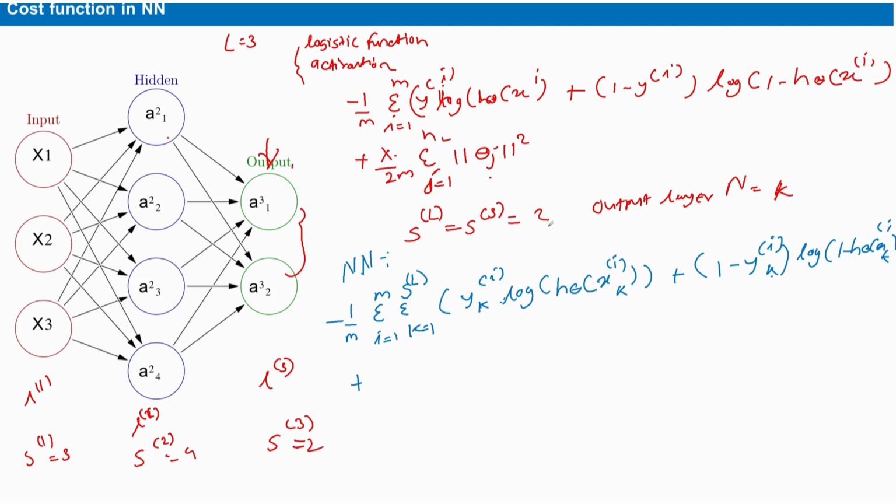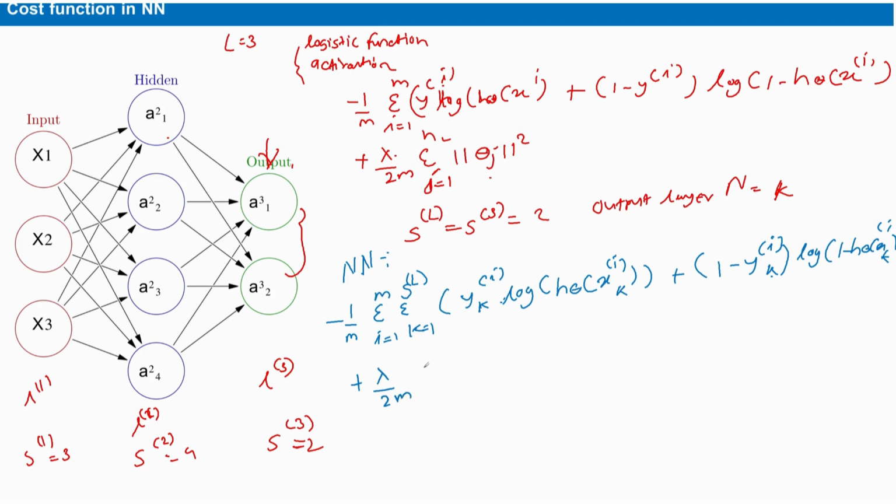With respect to each layer, the weight parameter has 2D dimensions: the number of neurons in the next layer by the number of neurons in the current layer plus 1. So that also we need to consider. This regularization term is applied as gamma divided by 2m.